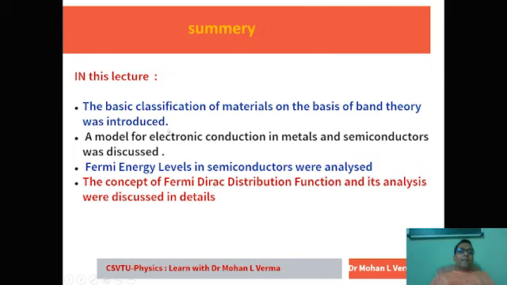Now the summary of this lecture: the basic classification of materials and the basis of band theory were introduced. On the basis of that, the value of Eg. The model for electronic conduction in metals and semiconductors: the Drude model was discussed for metals.